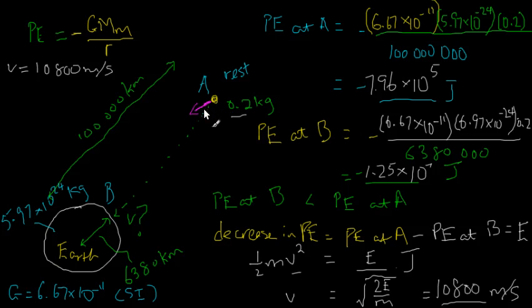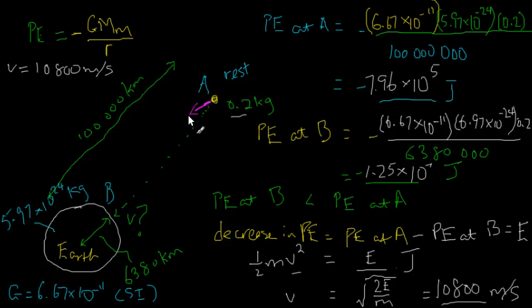I can give it a nudge, or I can just put it on a slight slope. Maybe put it through a tube that is slanted slightly, and it will just slide through the tube and fall at an angle. So I don't have to give it any energy at all.